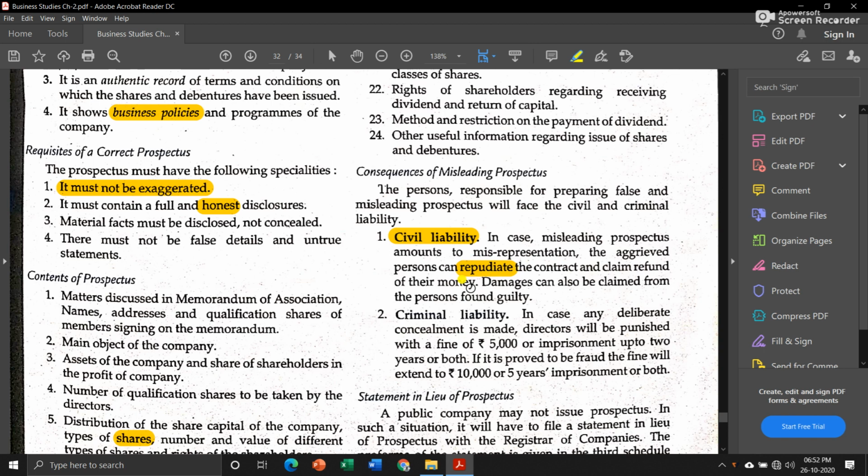Means if they had already paid some amount of money, then they can claim that amount of money, and company has to repay back. Plus, if there is any other damages that aggrieved party had suffered, then for that also they can claim from the person. If the person is found guilty, then he has to compensate that amount of damage.